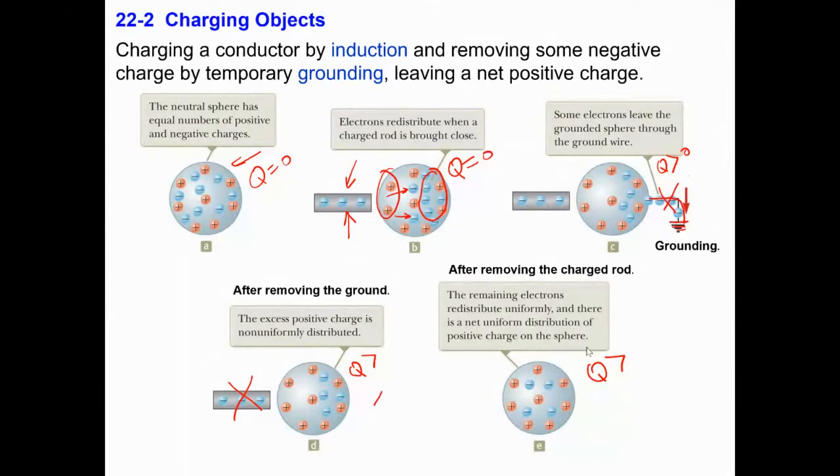But that's only temporary charge redistribution. As soon as we remove the charged object away from it, it will go back to the uniform charge distribution of negative and positive charges.